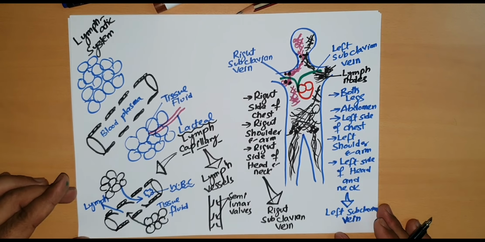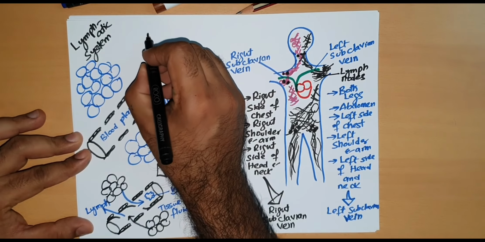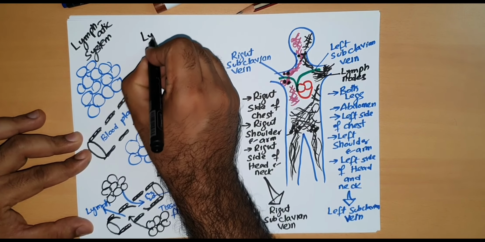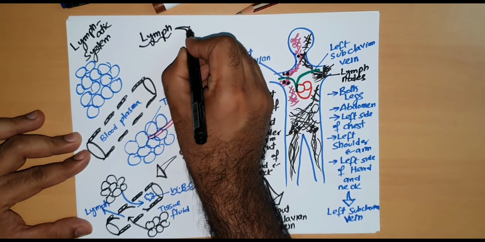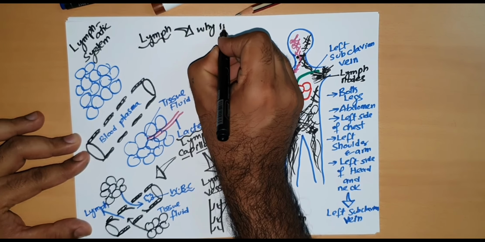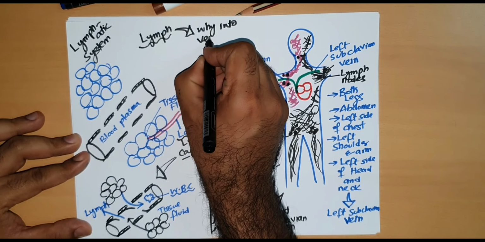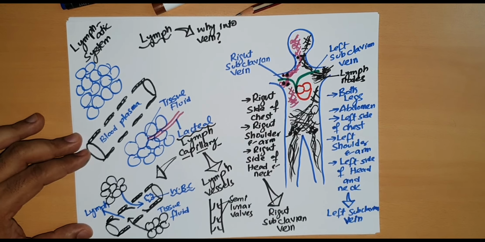Now the question may have arisen in your mind: why is this lymph going back into the veins? Why not into an artery?